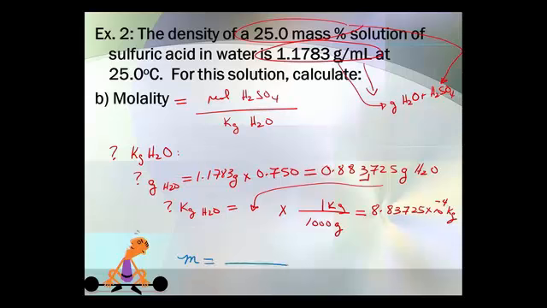Molality equals the moles of sulfuric acid divided by the kilograms of solvent.